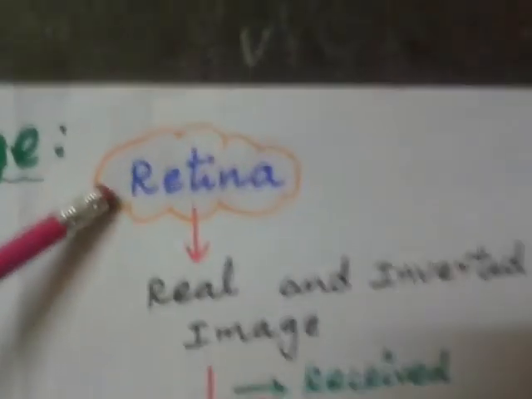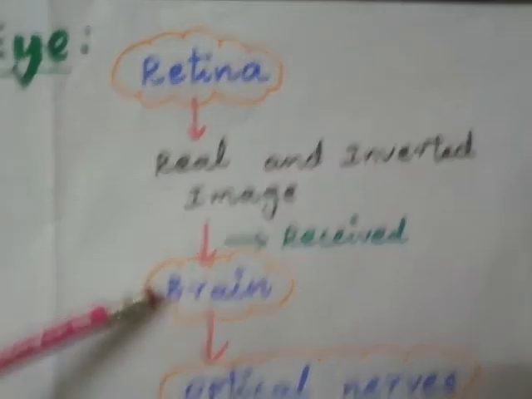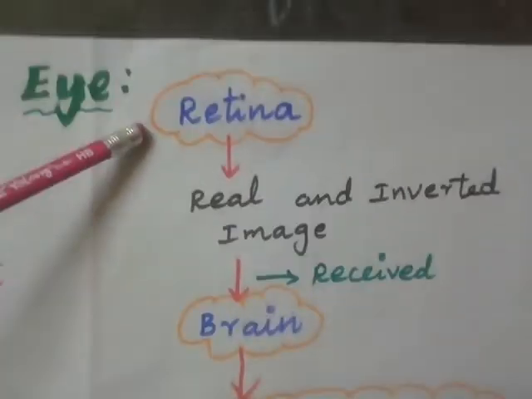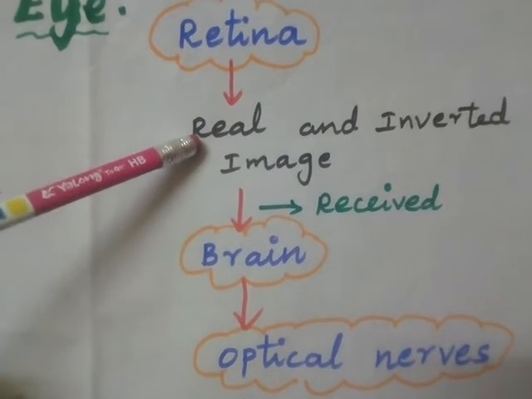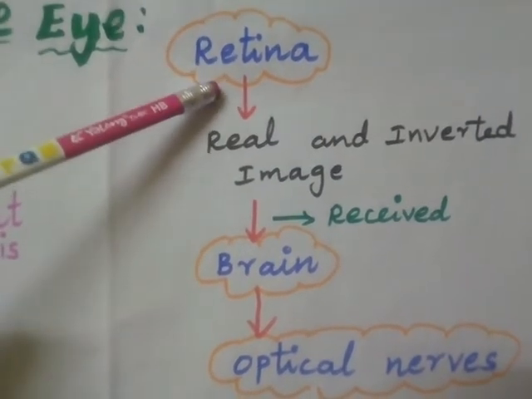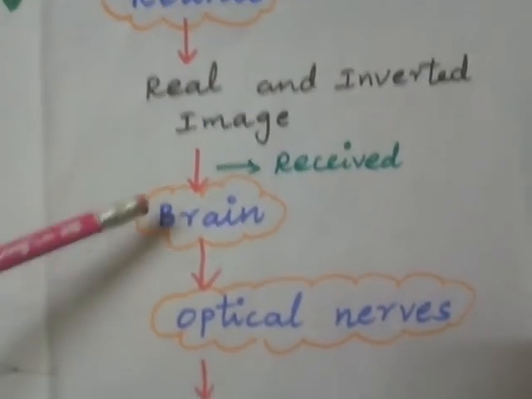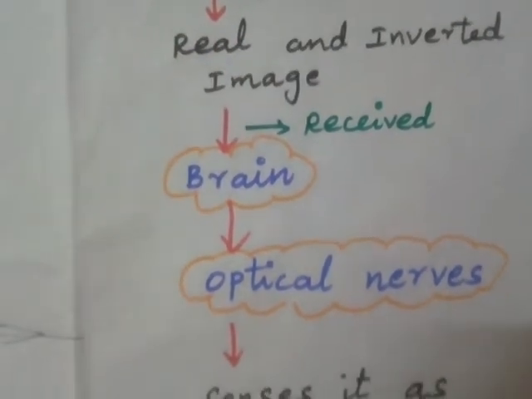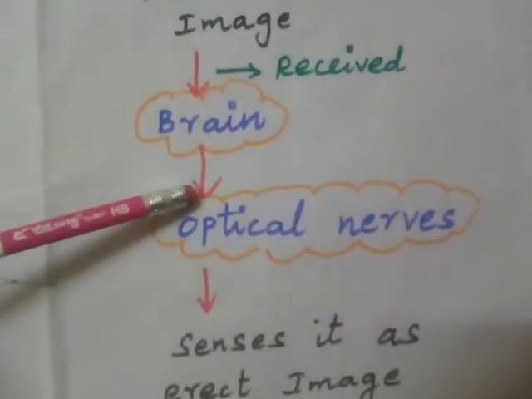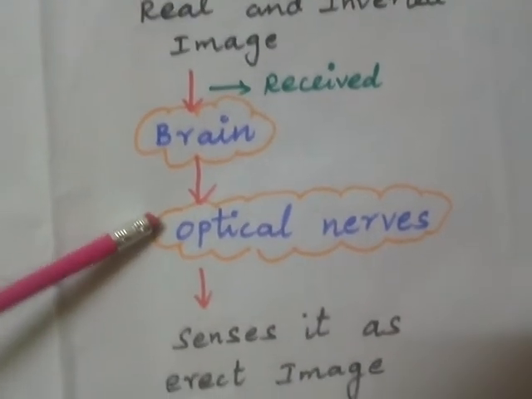The retina sends the real and inverted image to the brain. The brain receives the real and inverted image and passes it through the optical nerves.